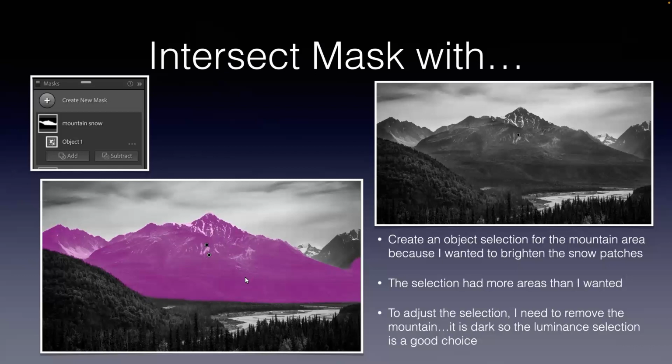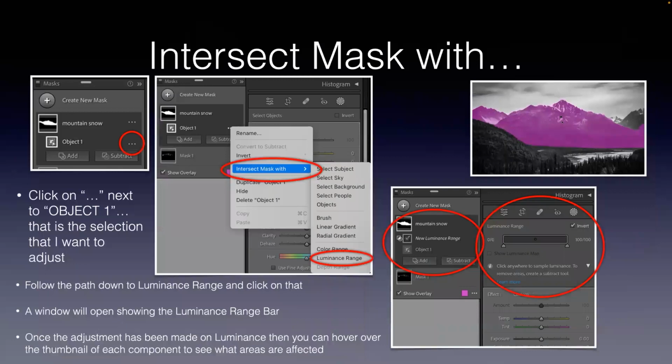So now I need to figure out how I'm going to get rid of the dark areas. And for this particular situation, I think doing a luminance selection would be my best bet, because we're working with darks versus lights. So to do that, I'm going to use this Intersect Mask With.